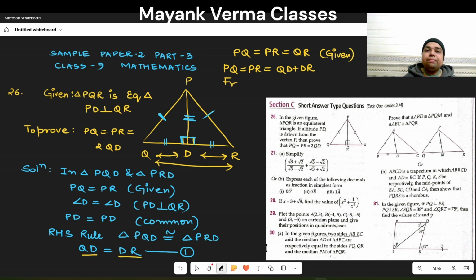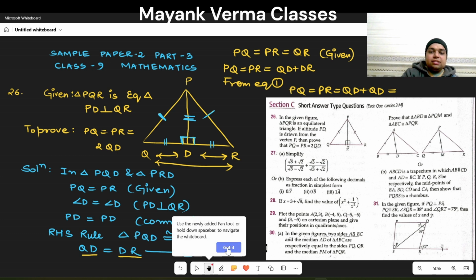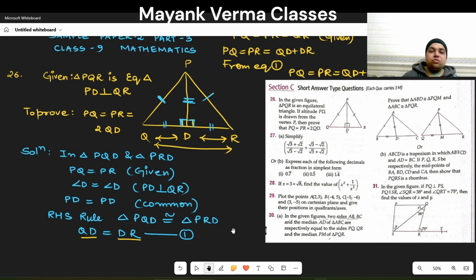So from equation 1, I can say that PQ is equal to PR is equal to QD plus QD, which is equal to twice of QD. Right, so I will write it down here so that you can see properly. So I will say that PQ is equal to PR is equal to twice of QD. Hence proved.